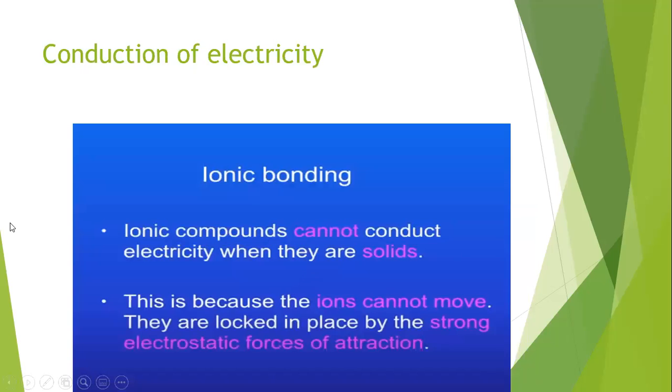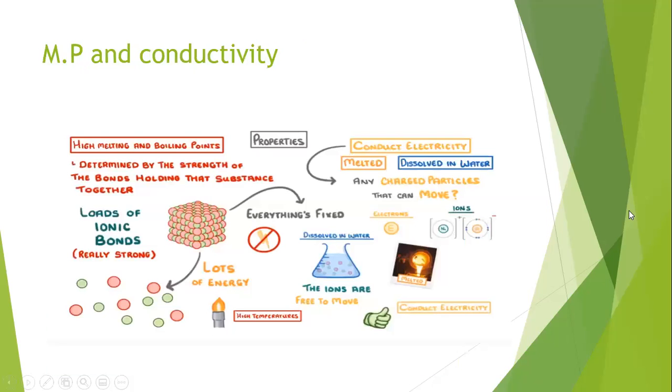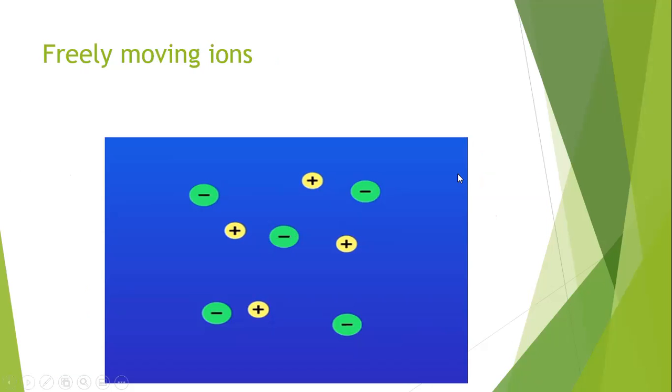Due to that random motion of the ions, by providing heat, they will separate out. They will lose their electrostatic forces. To weaken their electrostatic forces, you need a very high temperature. That's why ionic compounds have a high melting and boiling point.